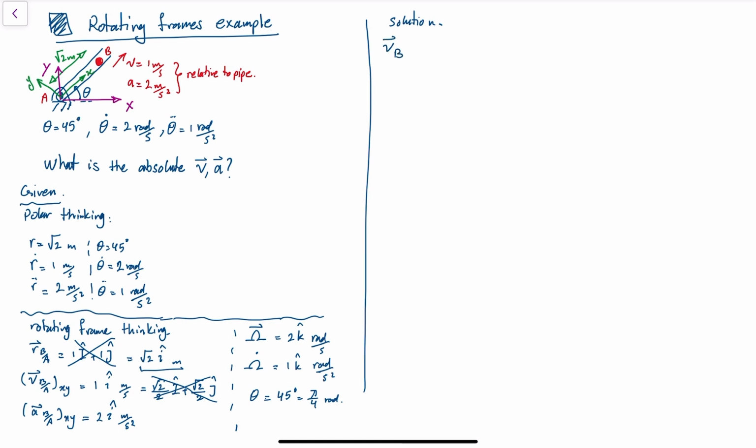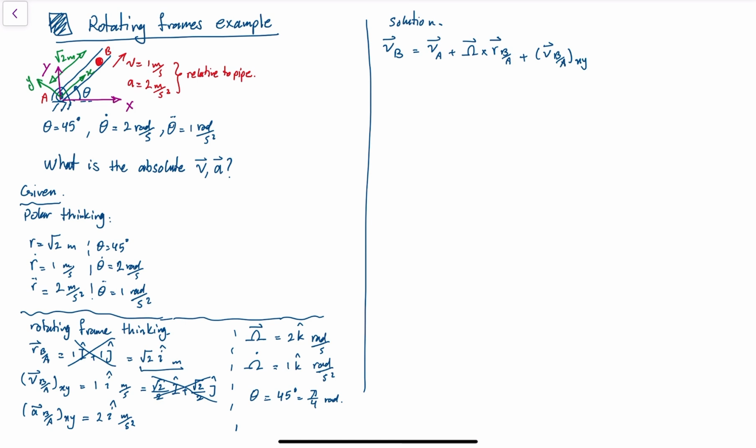I know the absolute velocity of B. I can write it as the absolute velocity of the base of the frame, V of A, plus the effect of rotation of the frame, omega cross R of B relative to A, plus whatever this rotating observer is seeing, V of B relative to A as observed by this xy. And I have all the quantities.